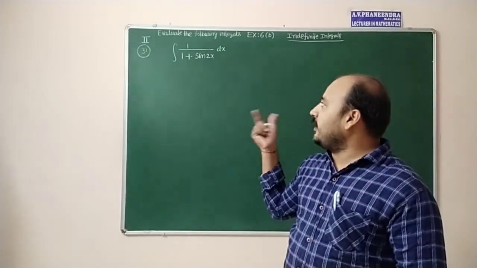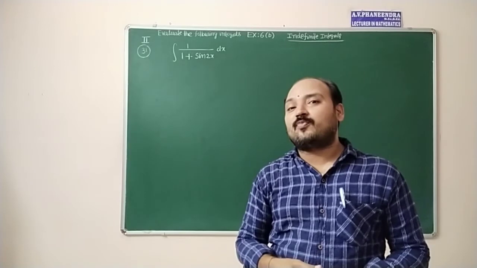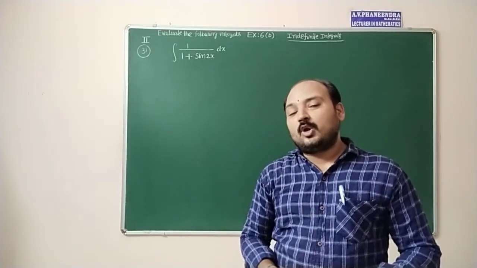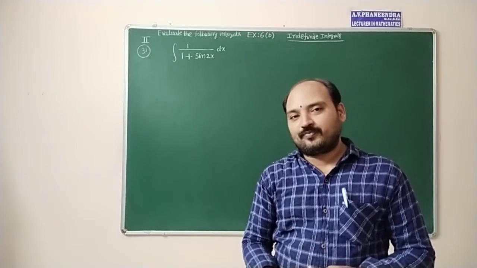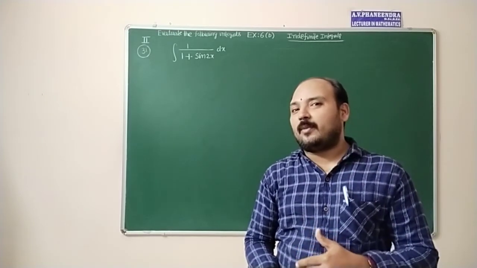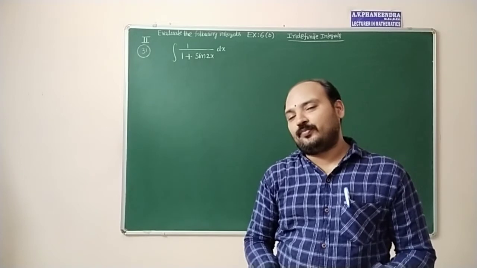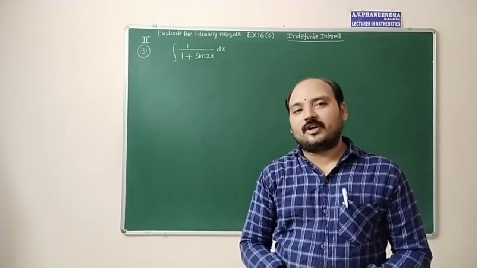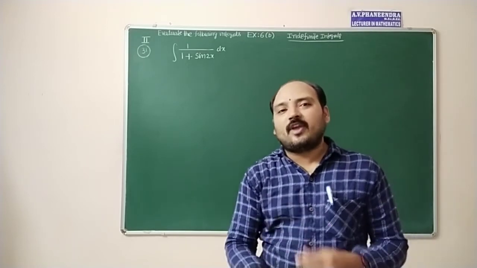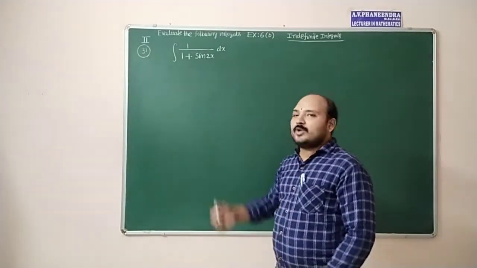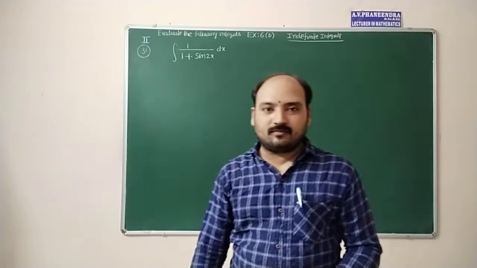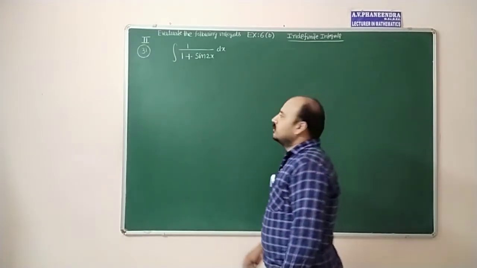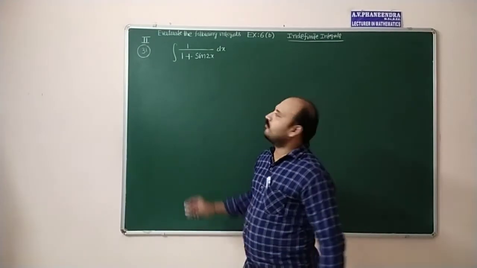After getting it in terms of cos, 1 plus cos theta is 2 cos square theta by 2, so 1 by 2 cos square theta by 2 becomes secant square theta by 2. After that, for integral secant square x you can apply the formula directly. That is one way. Another way is to write sin 2x in terms of tan and proceed. You will get the answer. So I am proceeding with the second method.